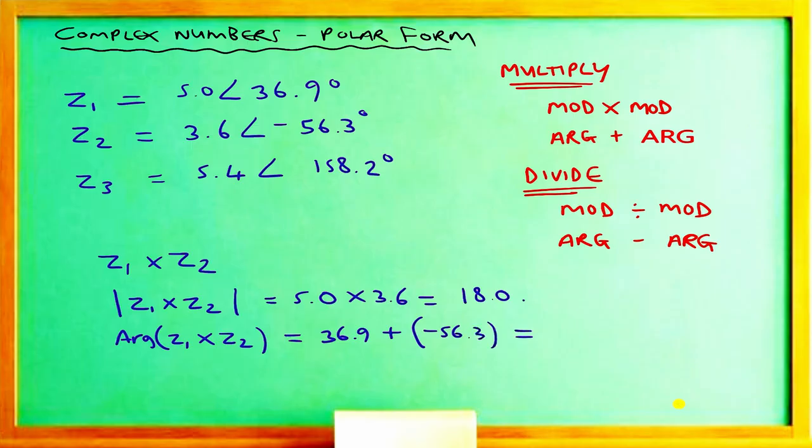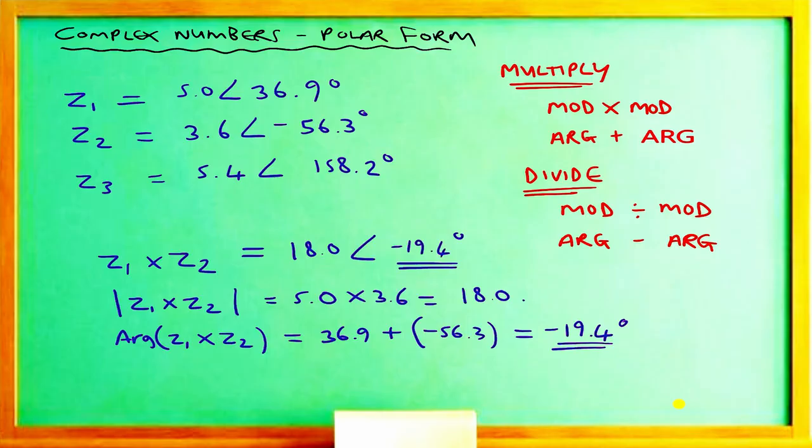That's the same as 36.9 minus 56.3, which comes out to be minus 19.4 degrees. Therefore, z1 times z2 can be written as follows: 18.0 at an angle of minus 19.4 degrees. And remember that we could always express that as a positive argument if we wished.